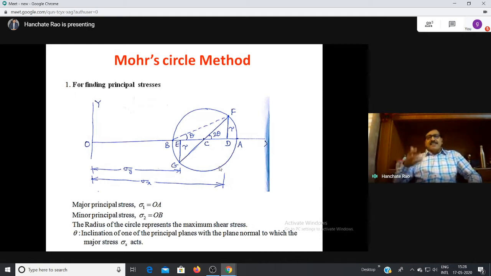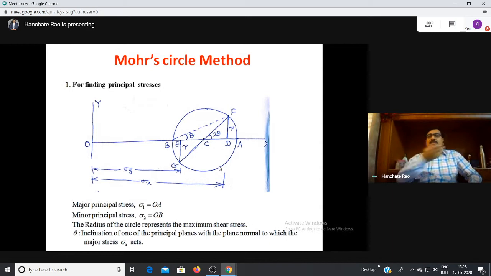A tangential stress is always shear stress. You can represent it as sigma and tau also, but for better understanding I have given the notation that sigma n means normal stress and sigma T means tangential stress. You can put it as tau also.